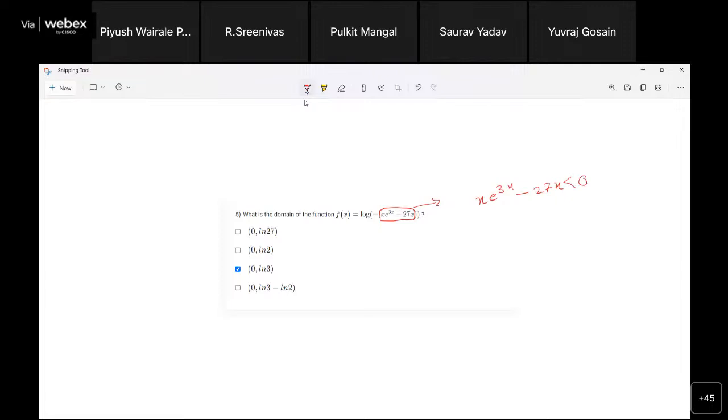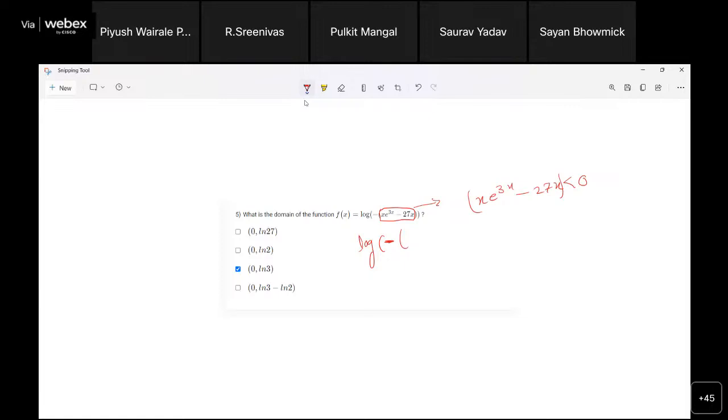Did you get why I'm considering less than 0 here? Yes, sir. Because in the log it has to be minus, so the inner value has to be less than 0. That negative value multiplies with the outer minus, so it becomes positive.